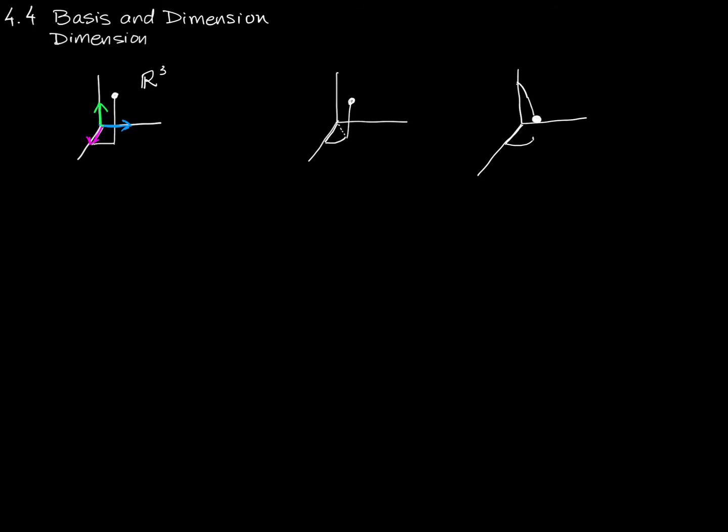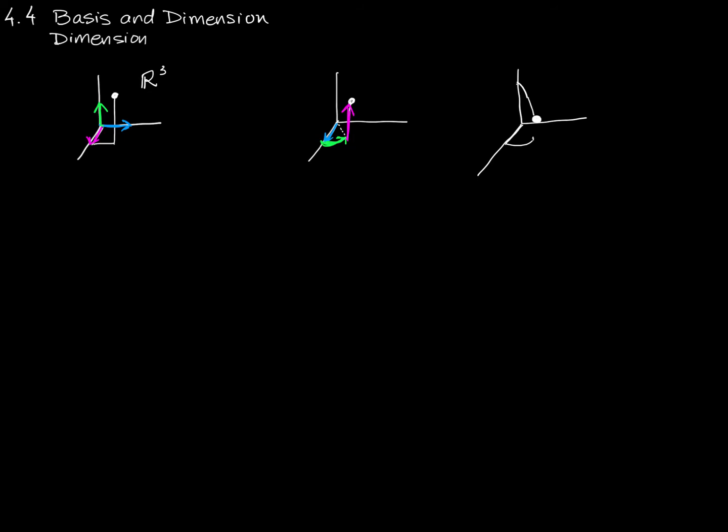And whether I'm using x, y, and z, or r for radius, theta for that angle, and then z, depending on which system I'm using, I'm going to use different letters and go in different directions, but I still have 3 directions I'm going in. So that's what I mean by three-dimensional.